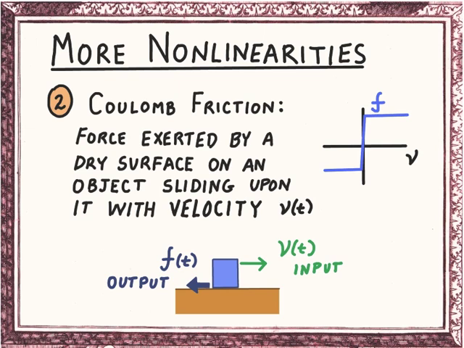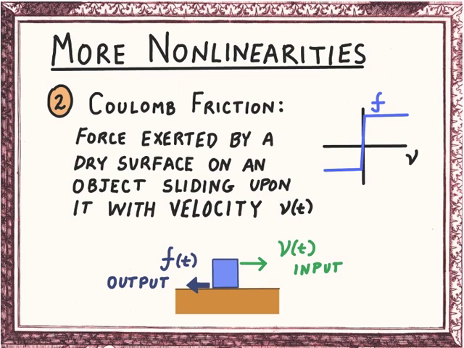A second nonlinear phenomenon, which is often found in systems, is Coulomb friction. This is the force that's exerted by a dry surface on an object sliding upon it. The relationship between force and velocity is as shown in the graph on the upper right. Clearly, this is not a linear relationship.